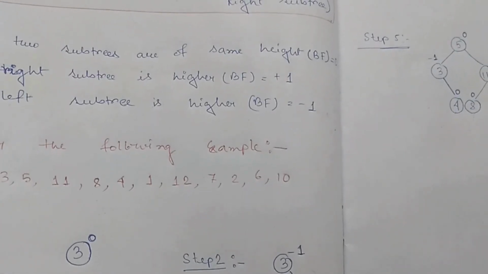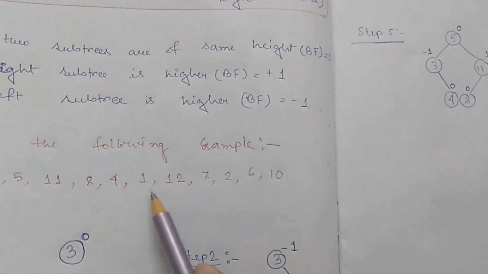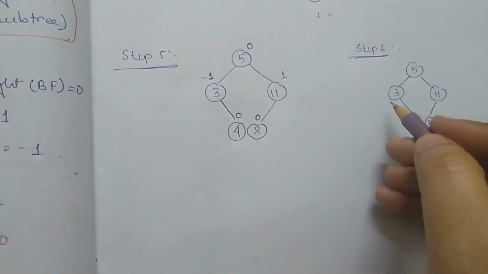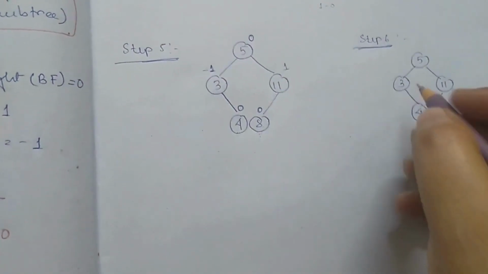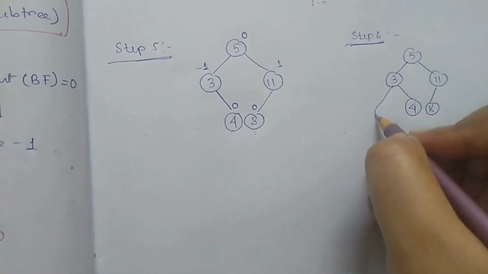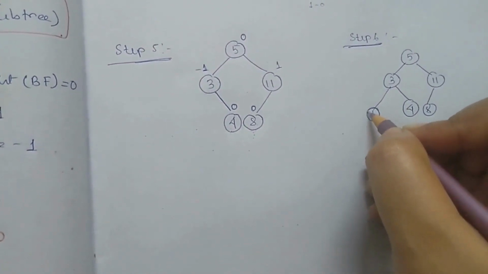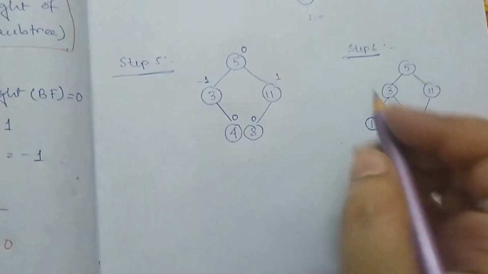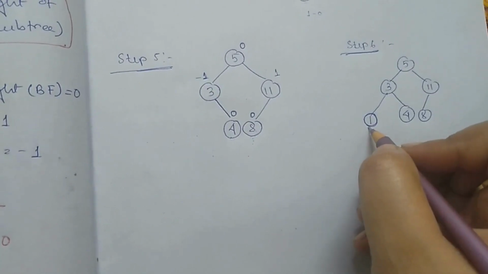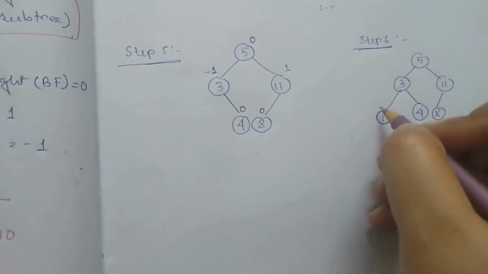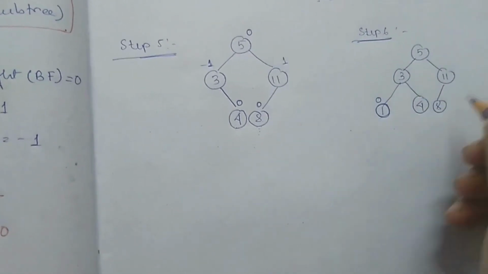Now in the next step, that is step number 6, we consider the next node, that is 1. Up to this is what we covered. Now in step 6 we get the next value, that is 1. 1 is lesser than 3. For that reason here one node is situated. Now when we calculate the 1 value, there is no left subtree as well as no right subtree, for that reason the height of 1 is 0.